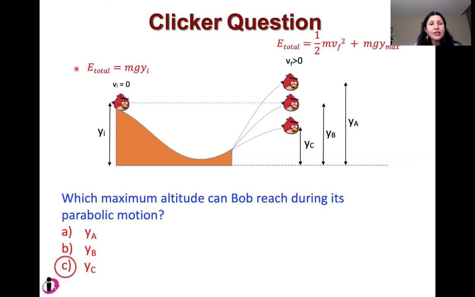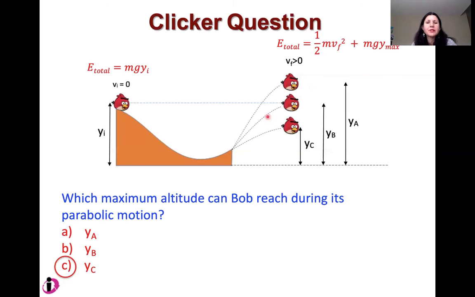So initially, his total energy is just the gravitational potential energy, which is mgy, right? There's no kinetic energy. But now at this location that we want to look at, he has kinetic energy. So he has some 1/2 m v final squared kinetic energy, but then there's also potential energy, mg y max.